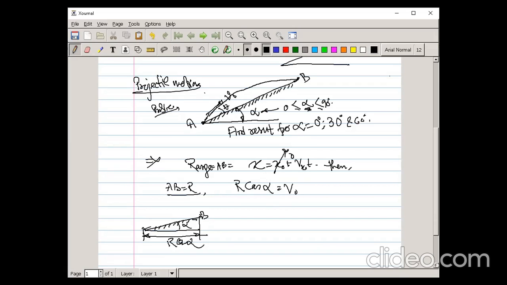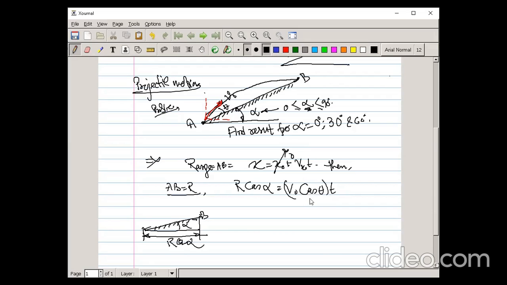Here it is given. Here you can see that this is your initial velocity. So this also has two components, right? One component is V0 cos theta into t.